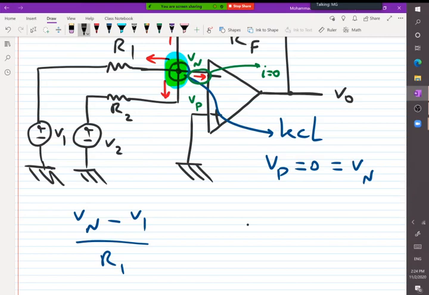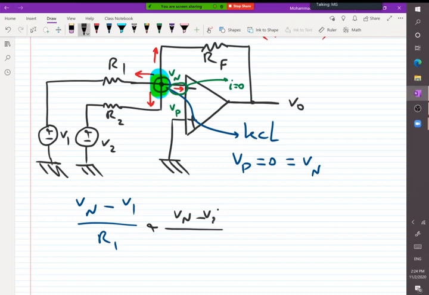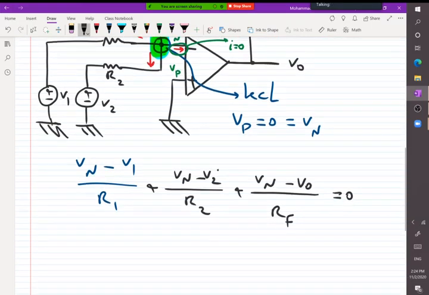So this current will be Vn minus V1 over R1 plus Vn minus V2 over R2 plus Vn minus Vo over Rf is equal to 0. Okay, so this is the equation.